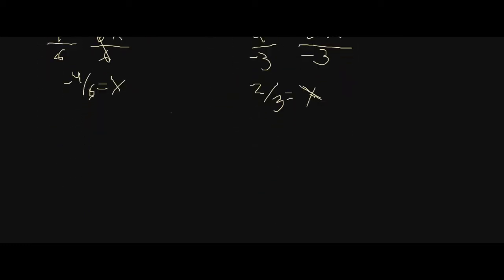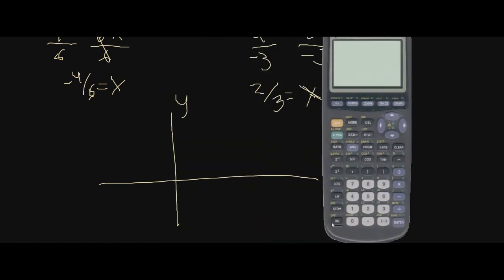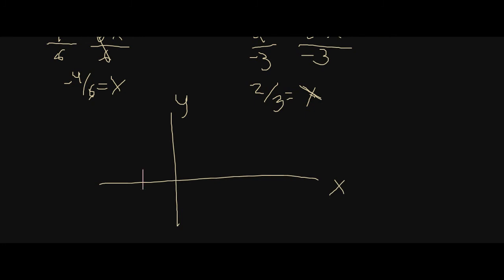So what that means is on my graph, this is my x, this is my y. One of my roots is negative 4 divided by 6. I think it should be 0.75 or something like that. Let's go ahead and verify that. Negative 4 divided by 6. Oh yeah, negative 0.6666, or whatever you want to write.